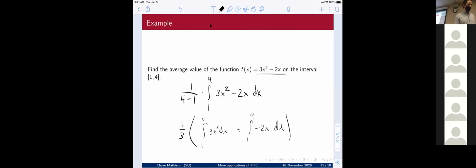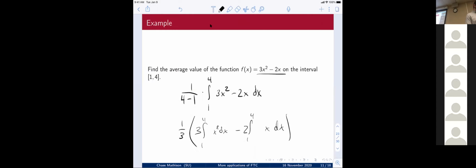Okay. And then I can pull this 3 out in front, which I'm going to do. And I can pull this minus 2 out in front, which I'm going to do. So when I do that, I'm going to get 1/3 times 3 times what's an antiderivative of x squared?